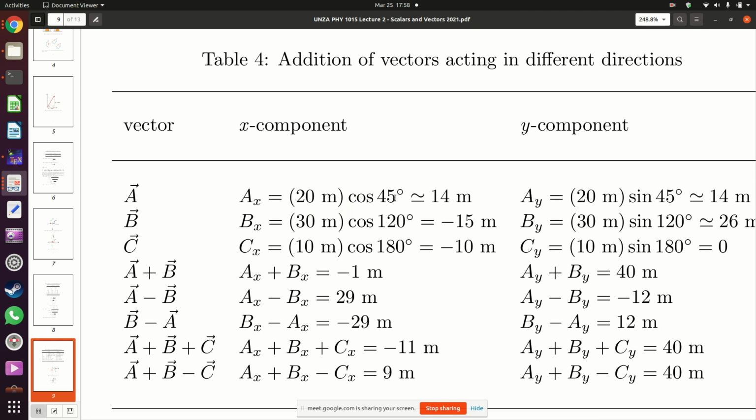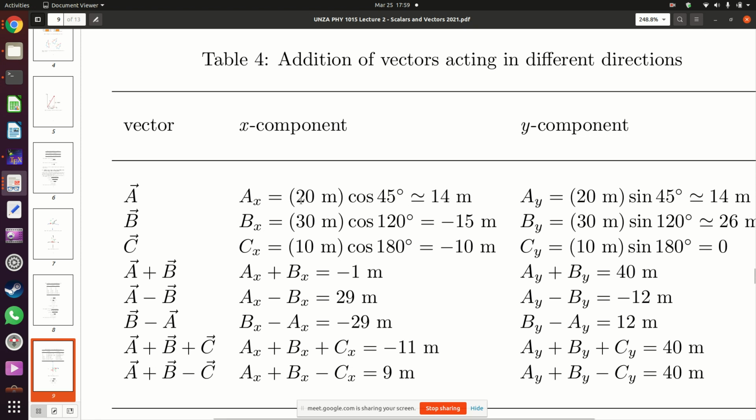What is the 20 meters? The 20 meters, that's the size. Yes, the size of vector A. Then the cos 45 degrees, the 45 degrees, what is it? The angle from the x-axis. Yes. That's how you work out the x component of any vector.